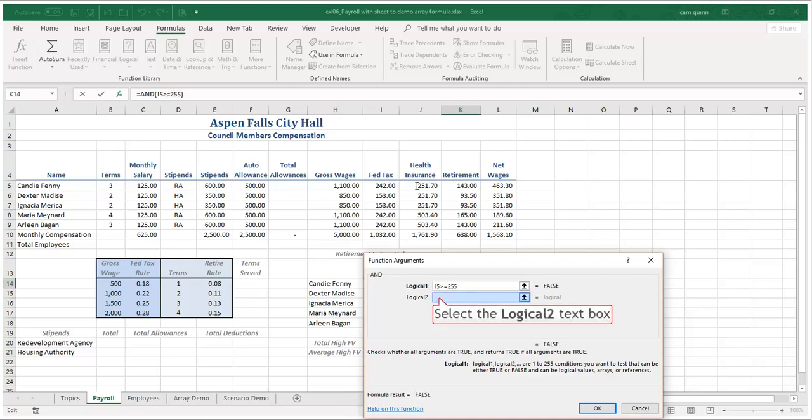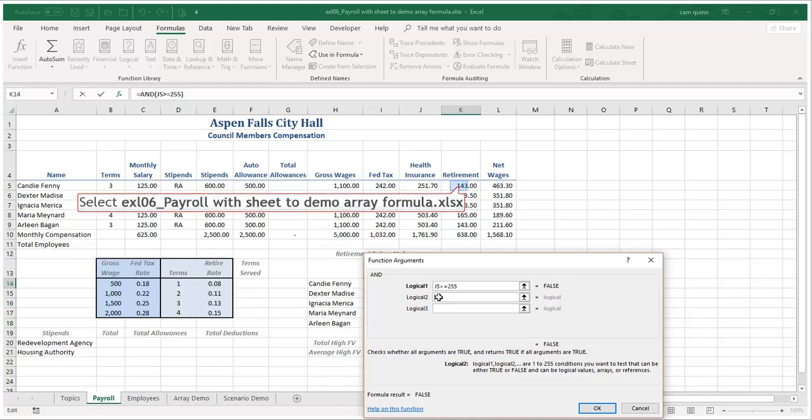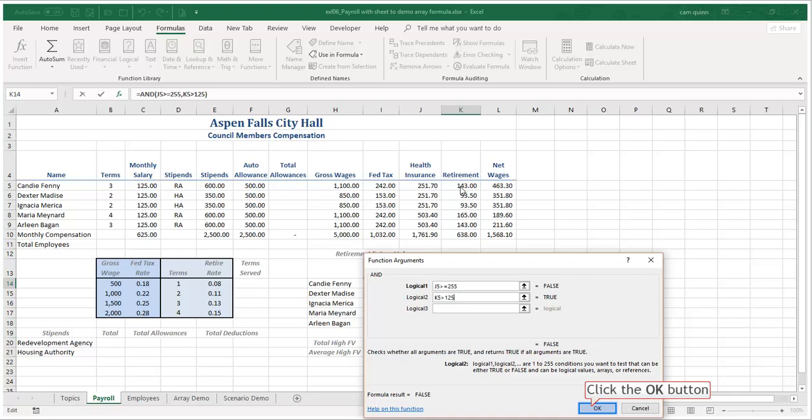Let's see here. K5, and retirement is greater than 125, and that's true. But because the first one is false, it's going to return the word false.